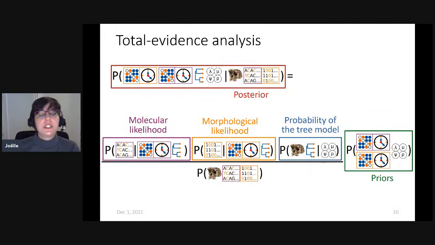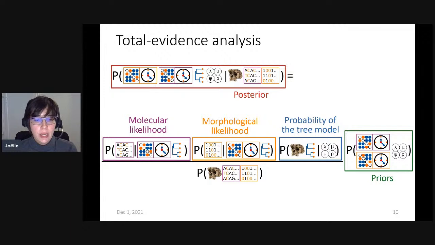But if we take a look at our Bayesian inference again, this is what it becomes when you're looking at a total evidence analysis. So you can see that on the data side, as I said, we now have two different alignments, a molecular one and a morphological one. And on the model side, I've obviously added also a morphological substitution model and a morphological clock model.